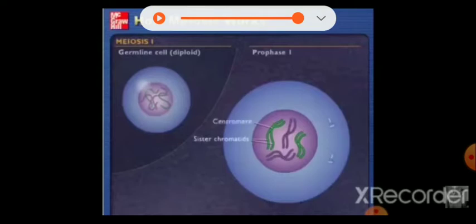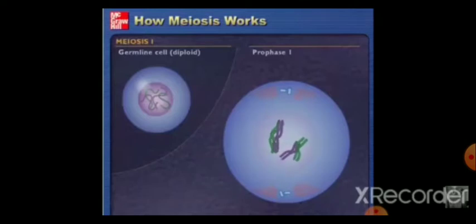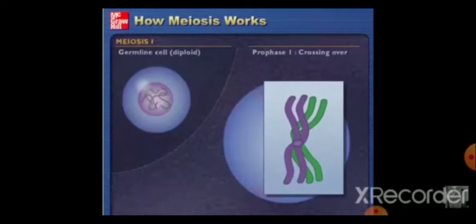Meiosis 1 begins with prophase 1. Individual replicated chromosomes become visible and each chromosome consists of identical sister chromatids joined at the centromere. The spindle fibers start to form and the nuclear envelope disintegrates.